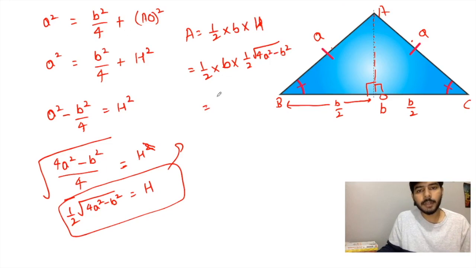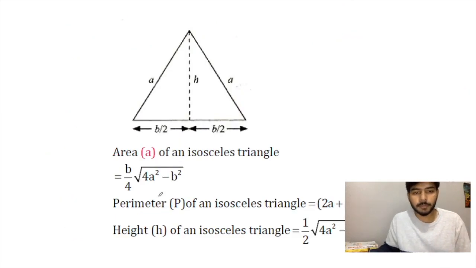Now you can find the area: 1 upon 4, this is B, 4A square minus B square. This is the area, B upon 4, 4A square minus B square, and this was the height. Now you can directly use it.